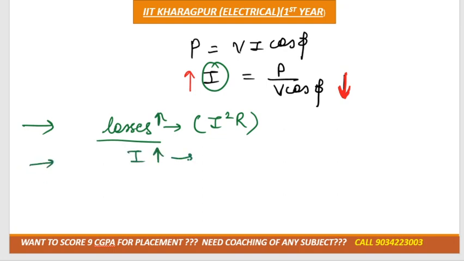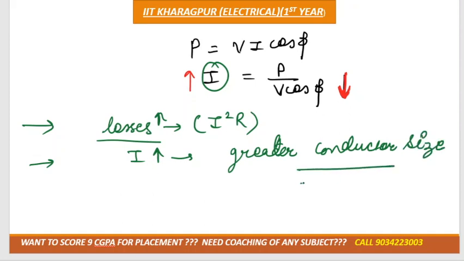If current increases, we need a greater conductor size. Size means the wire, a large wire of large area, because now the current increases.